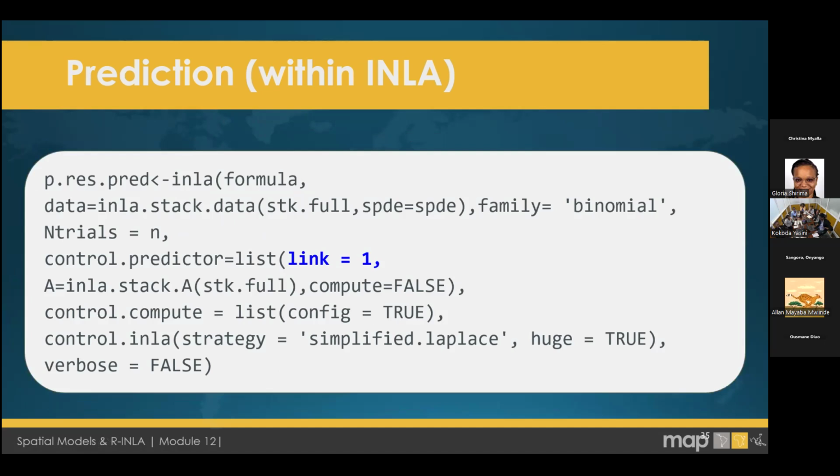You still use the INLA function, but you include more arguments here, like the control predictor, with some specific argument like link one, and link one is used to connect the unobserved NA values to your family distribution.